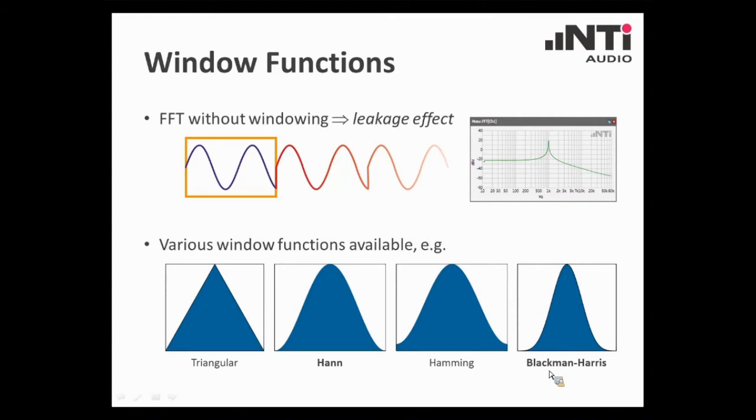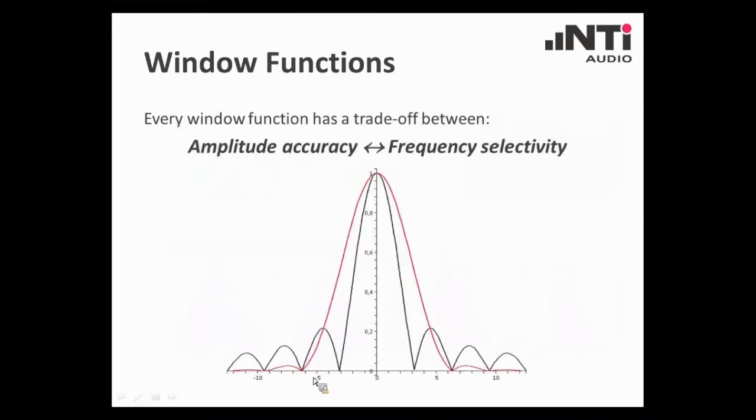But let me give you some more basic advice on how to select the proper window. On this slide here, we see the spectrum of 2 different window functions. And what you see is that every window function is always a trade-off between amplitude accuracy and frequency selectivity.